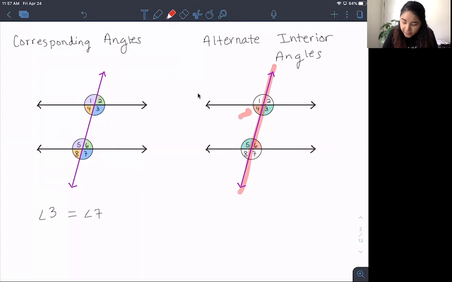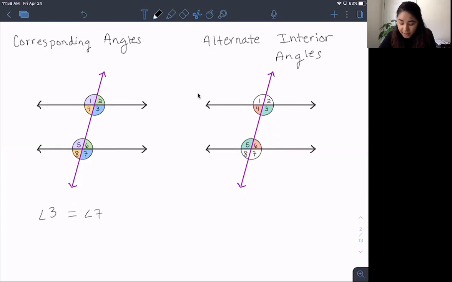Alternating back and forth on opposite sides of the transversal. So those are angles that are on opposite sides of the transversal. And then interior is angles that are on the inside of the parallel lines. So alternate interior are angles that are on the inside of the parallel lines, but then are on opposite sides of the transversal, okay?